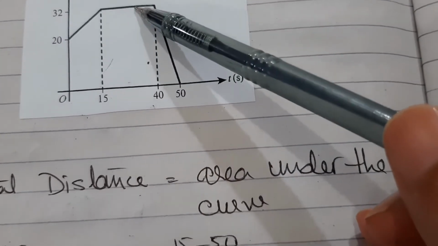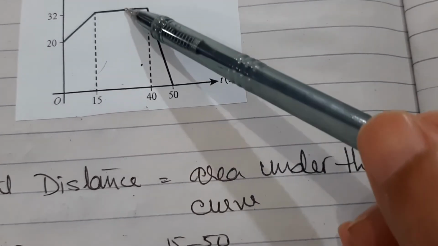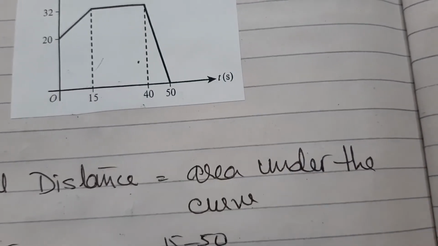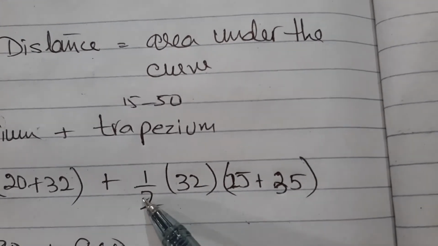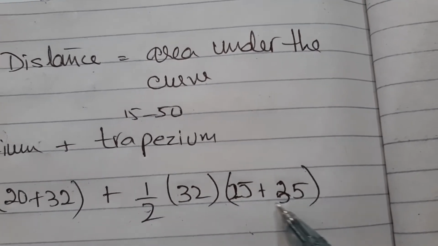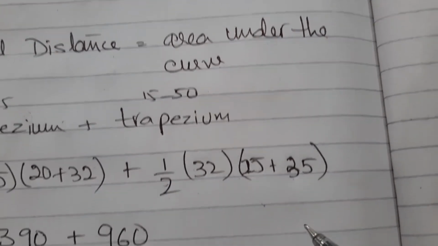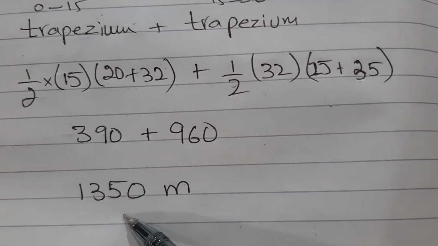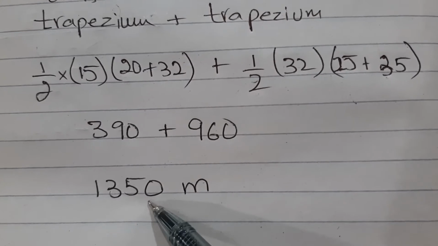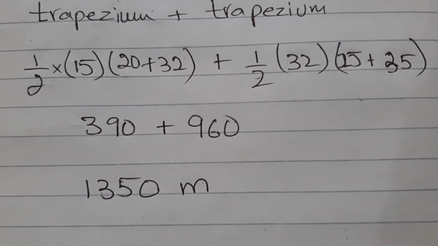And what is the height? 32, because height is a distance between parallel sides. So I'm writing here area of a trapezium: half into 32 into 25 plus 35. And then I'm adding up the two areas, and it is 1350 meters. So this is the distance covered in first 50 seconds.